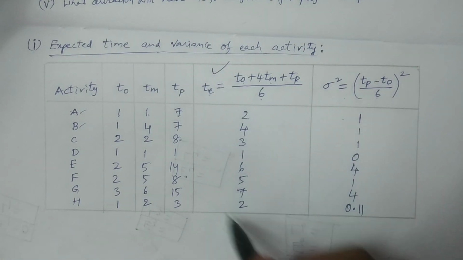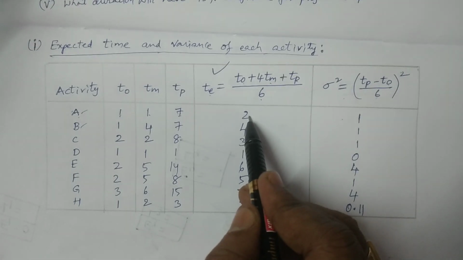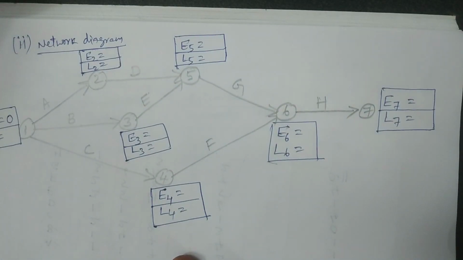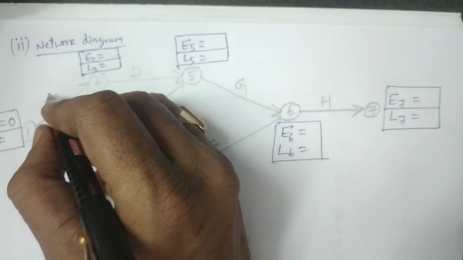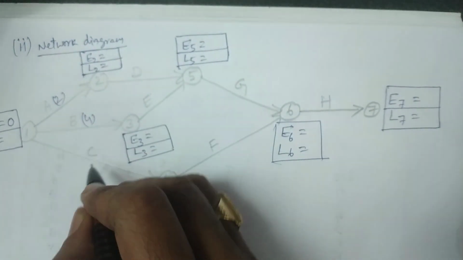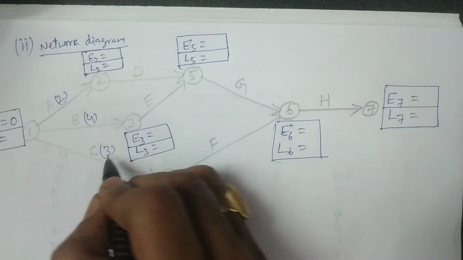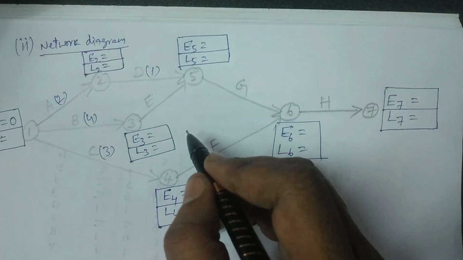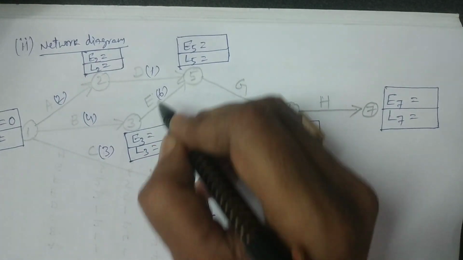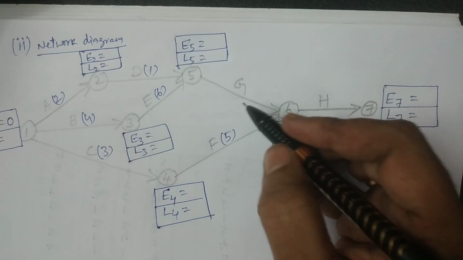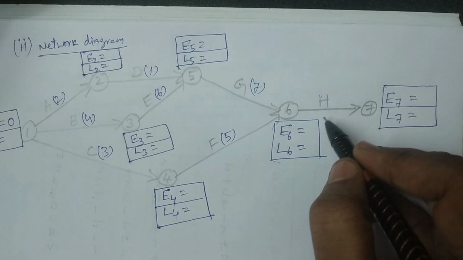This is the column you have to consider for the activity A. The expected time is 2. Like that, we have to consider all these time values. I am writing here in the network diagram that A has duration 2, B has duration 4, and C has duration 3. Similarly, for the remaining ones I'm writing from the table: D is 1, E is 6, F is 5, G is 7, and H is 2.